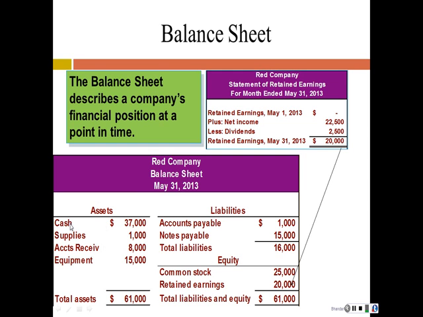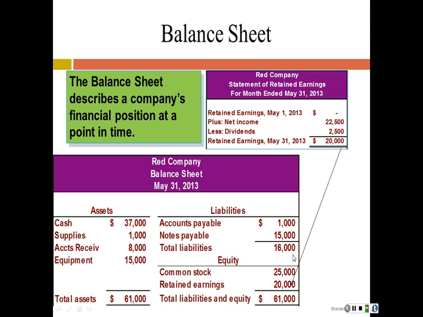And if you go back to the table that we had for Red Company that we created, you saw cash was 37,000, supplies was 1,000, accounts receivable was 8,000, and equipment 15,000. And that gave you total assets of 61,000. On the liabilities, we had accounts payable of 1,000, notes payable of 15,000.